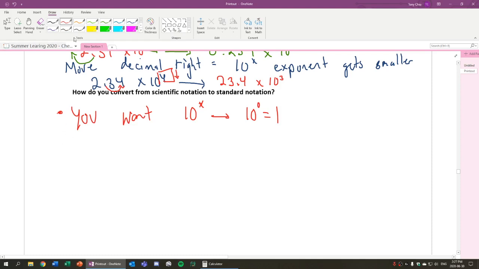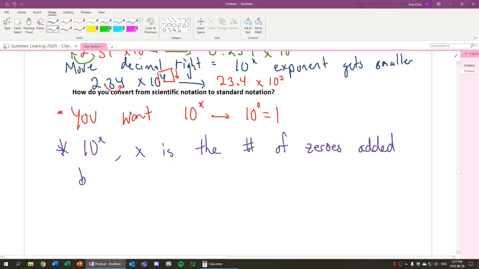So, the shortcut way, though, is this. The 10 to the power of x, whatever the x is, is the number of zeros added before the value.